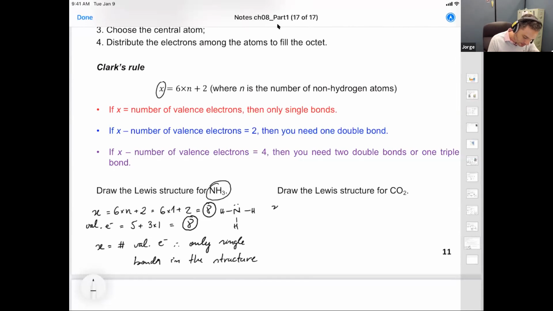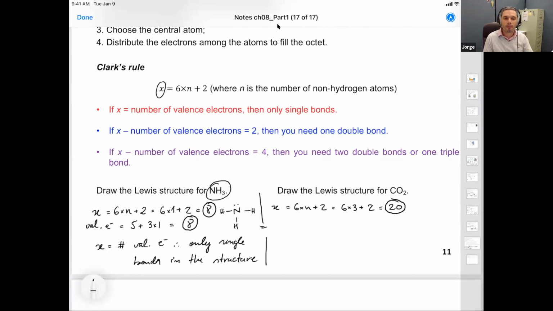First step is to calculate x, 6 times N plus 2. Remember that N is the number of non-hydrogen atoms. In this case, all three are non-hydrogen. 6 times 3 is 18, plus 2, that's 20.